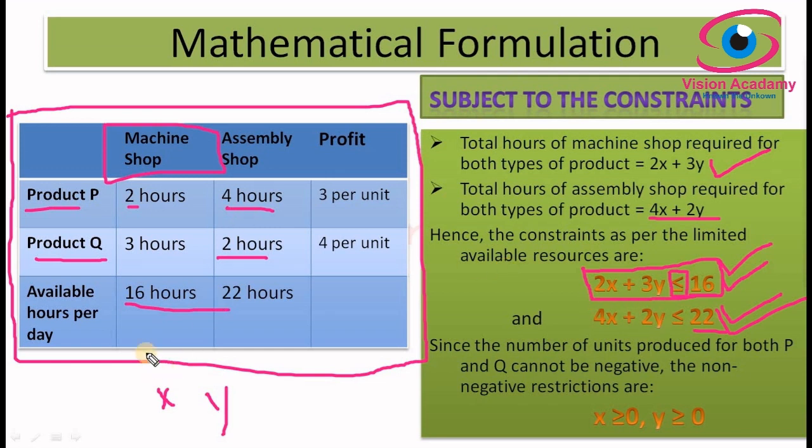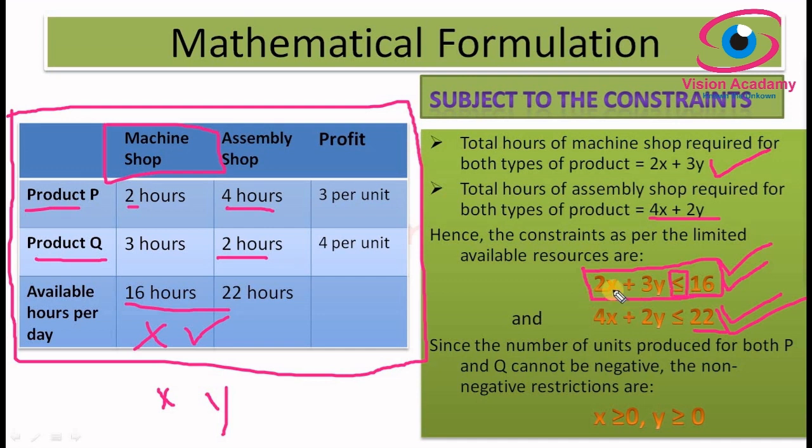Okay, I will tell you why. In the machine shop, only 16 hours is permitted to work. More than 16 hours can't be produced. That is why I have put in a restriction.